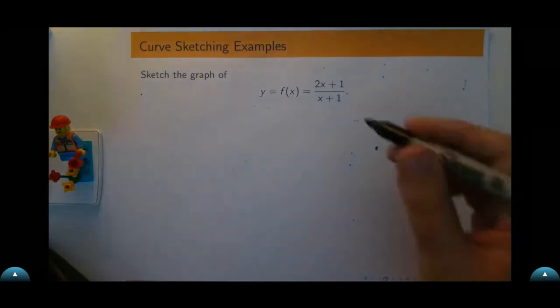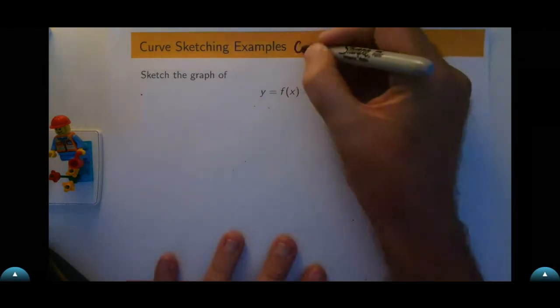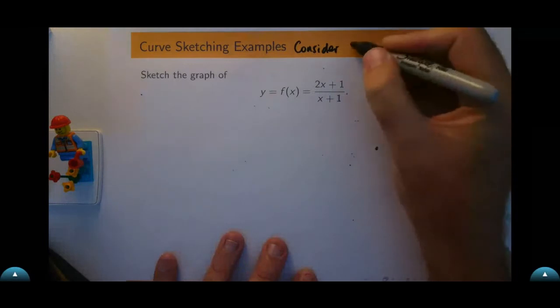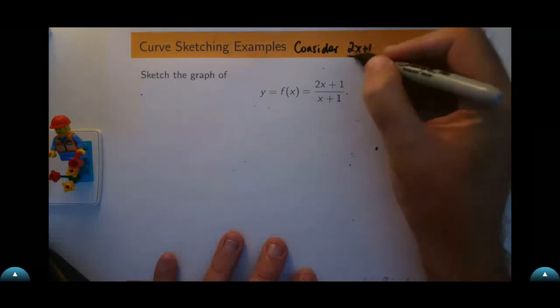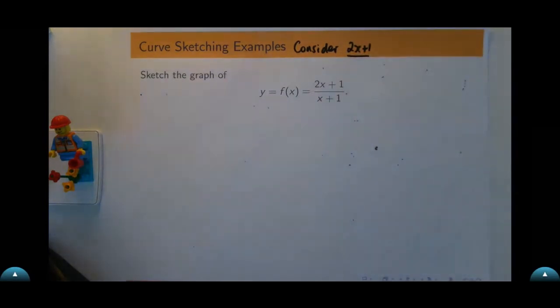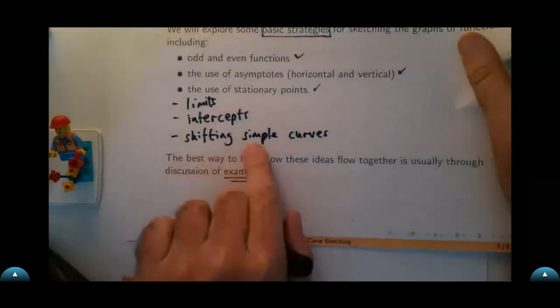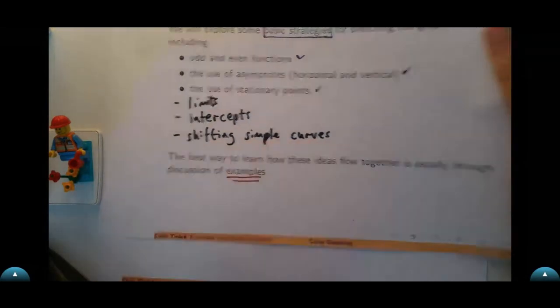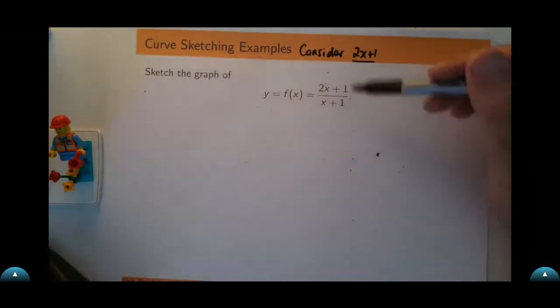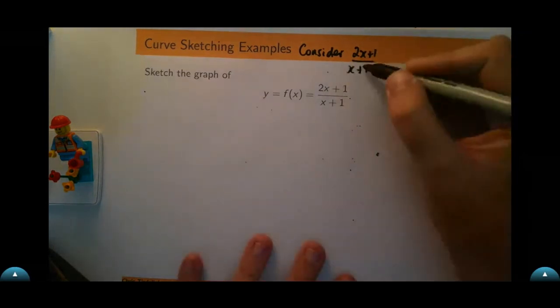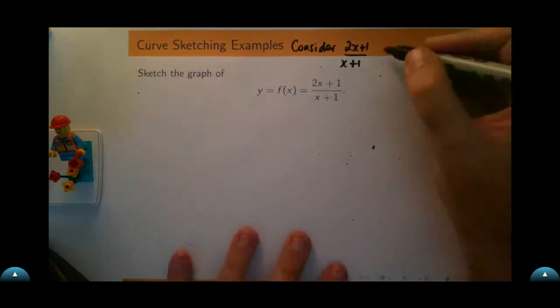Okay, so what I'm going to do is actually relate this back to something we already know. What I'm trying to do here is this thing where we're shifting simple curves around. We start with something that's quite difficult, and we're going to do some algebra, and we're going to simplify it down to something that we know.